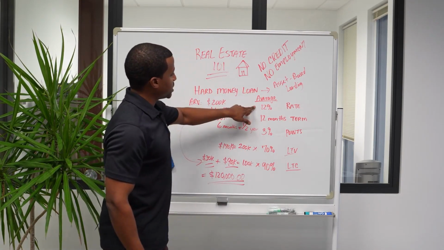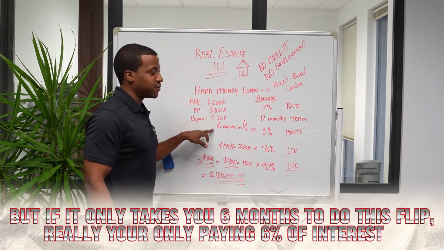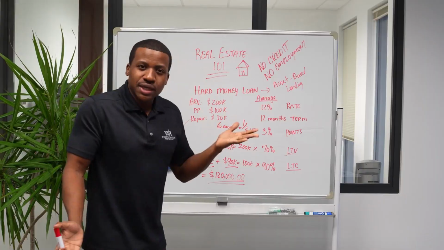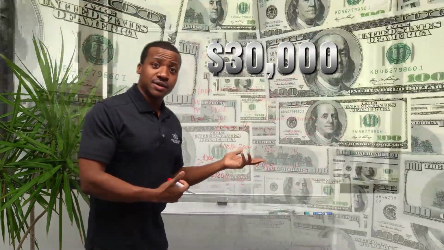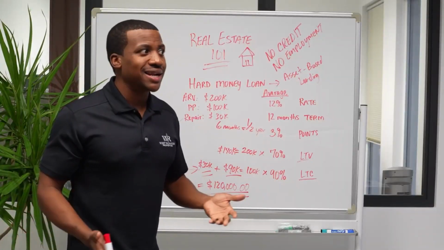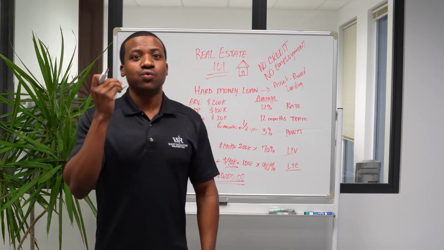We said 12% is for the full year because that's the annual rate. But if it only takes you 6 months to do this flip, you're really only paying 6% interest. Think about that. Is that really a lot of money if you're going to make $30,000 on the property, $40,000, $50,000? Absolutely not. It's 6% interest. So you have to shift your mindset. And then think about this when you get really good at flipping.